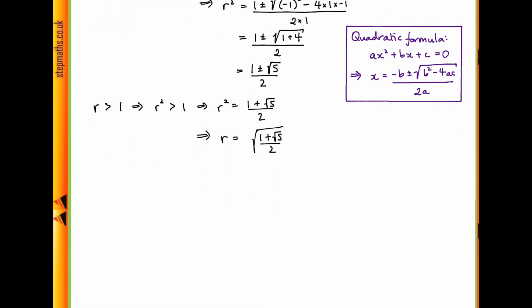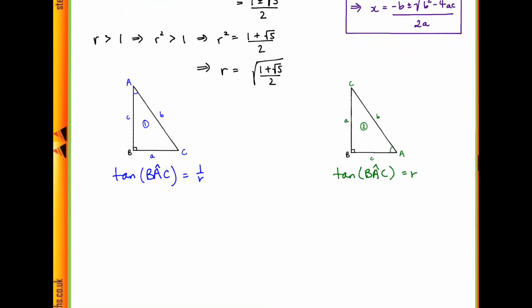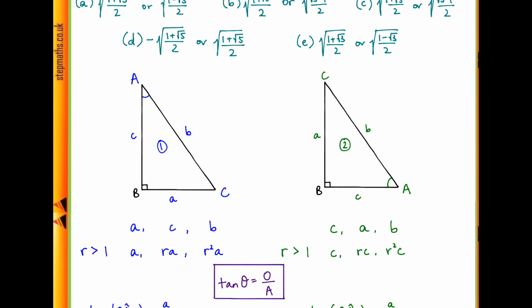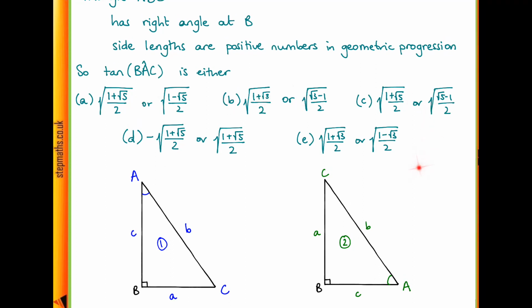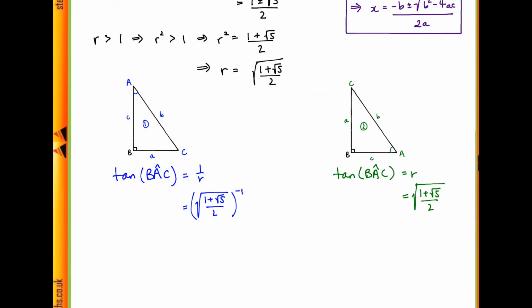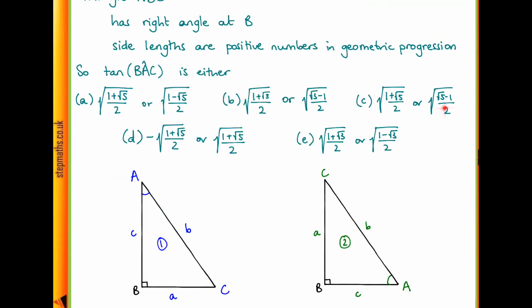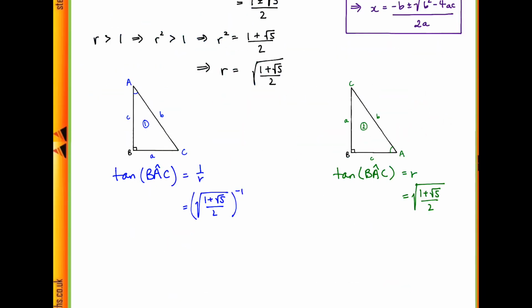So now we know our common ratio, and remember the expressions for tan in the two different cases that we want are either r, which we now know, or 1 over r. So we get these two expressions for our tan. But if we look at the options for what we have, we don't have anything to the minus 1. So we're going to have to rewrite this into a form that fits into here. So how can we rewrite this?